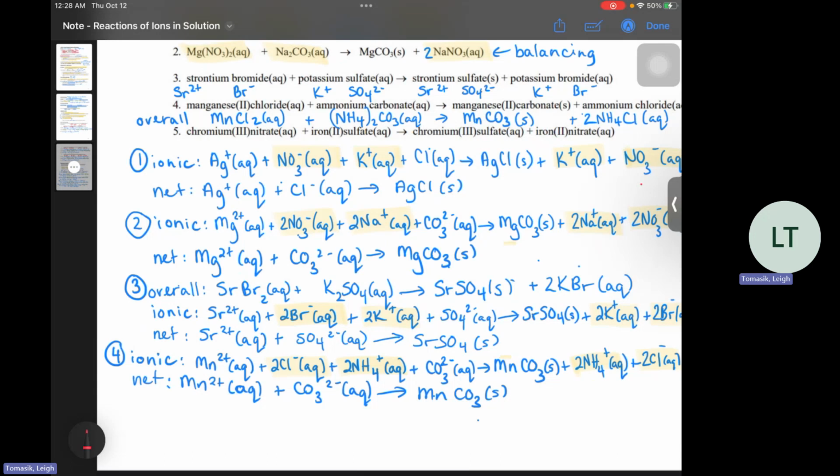So chromium 3 nitrate is going to be Cr(NO3)3. Iron 2 sulfate is going to be FeSO4 aqueous.